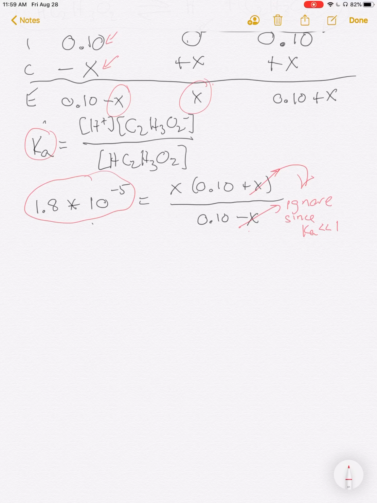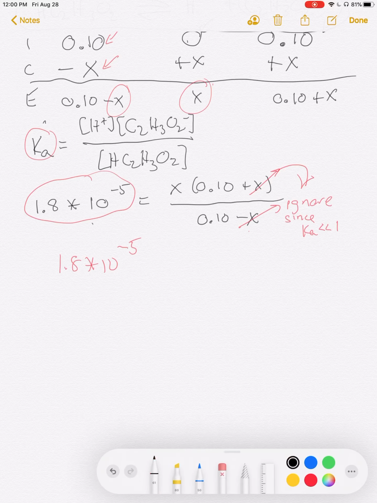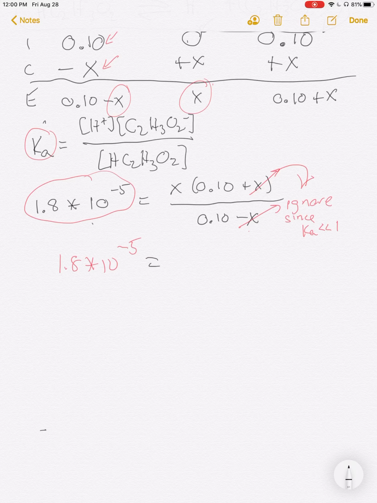So now from here, it's going to become pretty easy to solve for X because the 1.8 times 10 to the negative 5 is going to be equal to X times 0.10 divided by 0.10, which will just cancel.